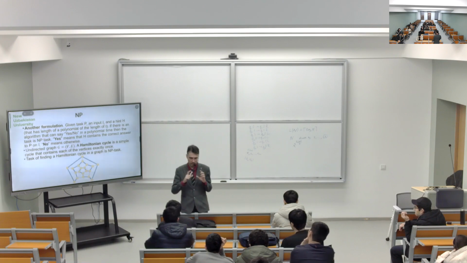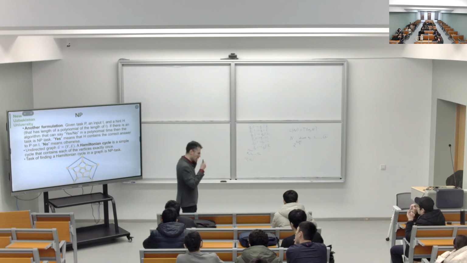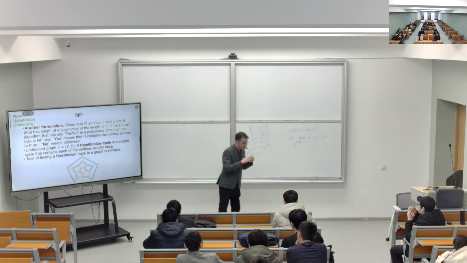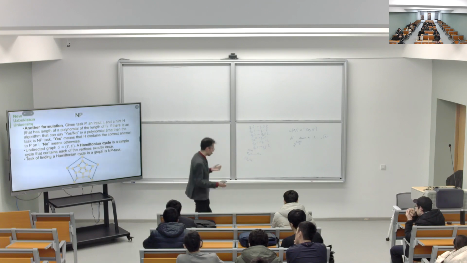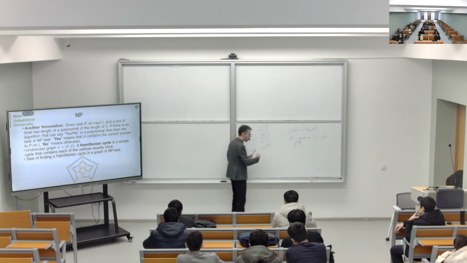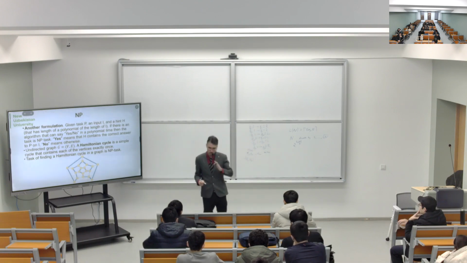So the smallest number of edges that we're interested in is N. If the length is smaller than N, we don't care, because this graph will definitely not have a Hamiltonian cycle. It doesn't have a simple cycle that includes all the vertices, which is what we care about. So we know, in order for this problem to have any solutions, M must be greater than or equal to N, where N is the number of vertices.